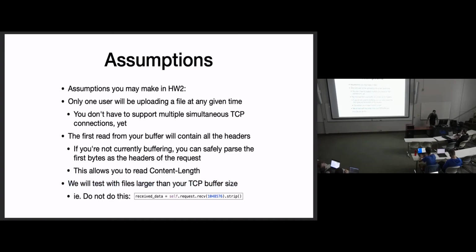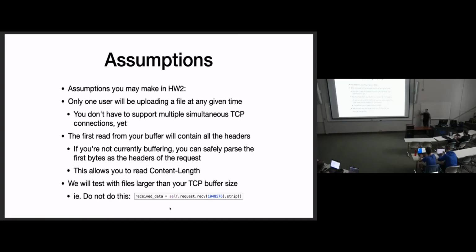And we're going to test with files that are larger than your buffer. We're going to look through your code, and if you just say, well, I'm going to receive as many bytes as I need to read anything they're going to upload during testing, we're going to look at that.